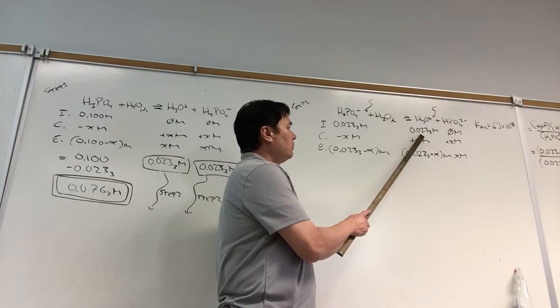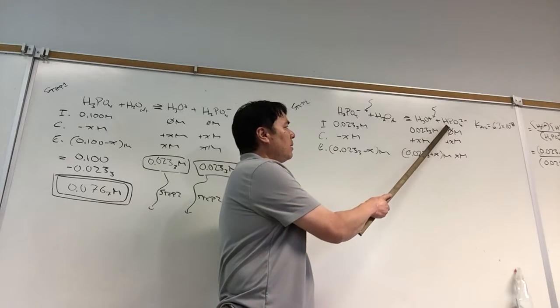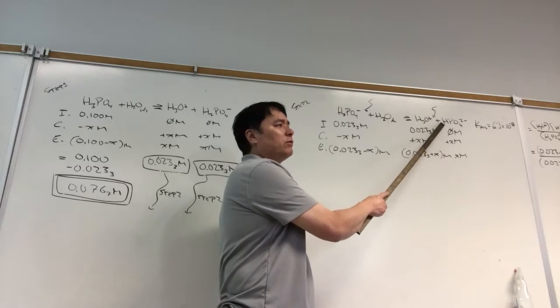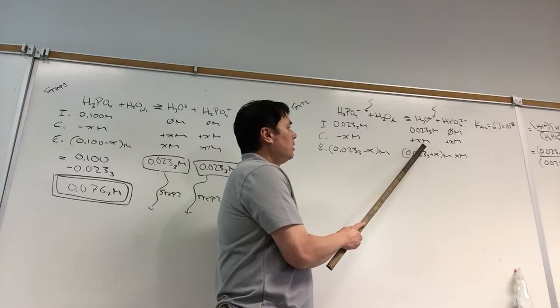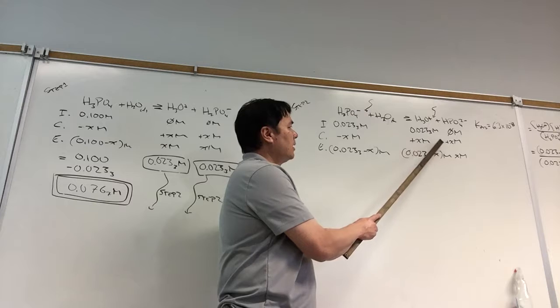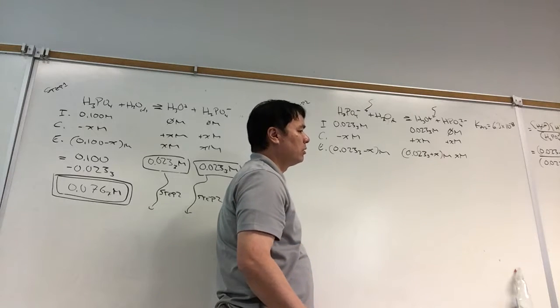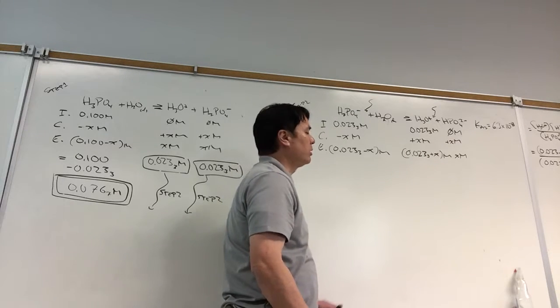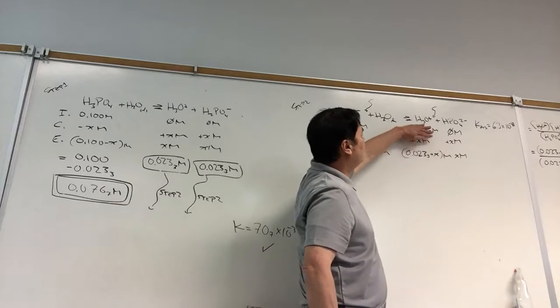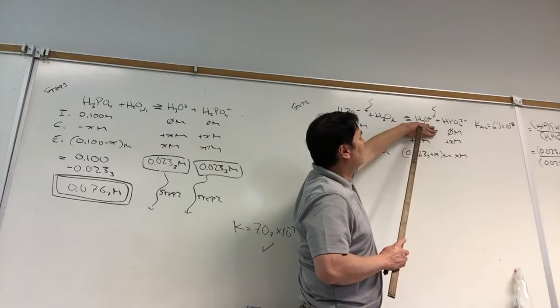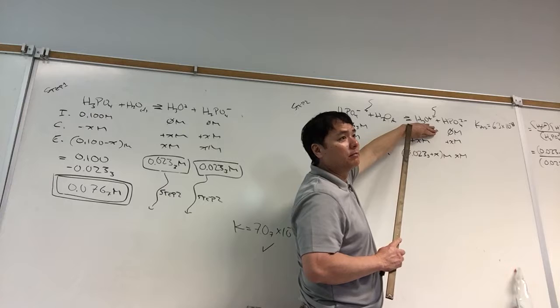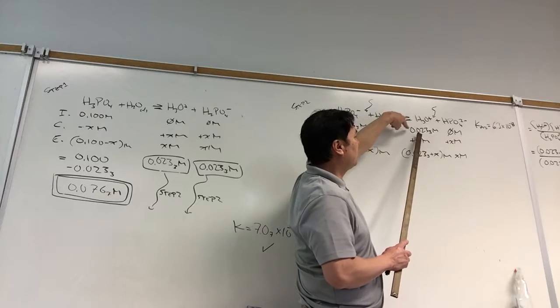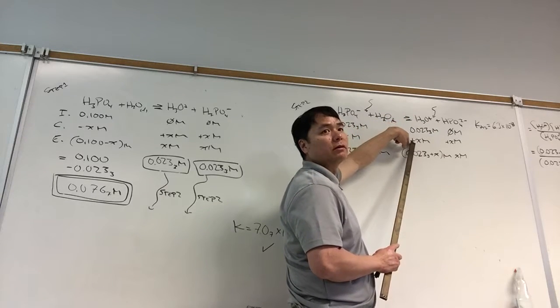Having a lot of hydronium here keeps the population of monohydrogen phosphate from growing too big, and therefore X cannot grow as big as it normally would. For example, if hydronium were 0 to begin with, then X would be a lot bigger. But because of the common ion effect, X is going to be smaller.